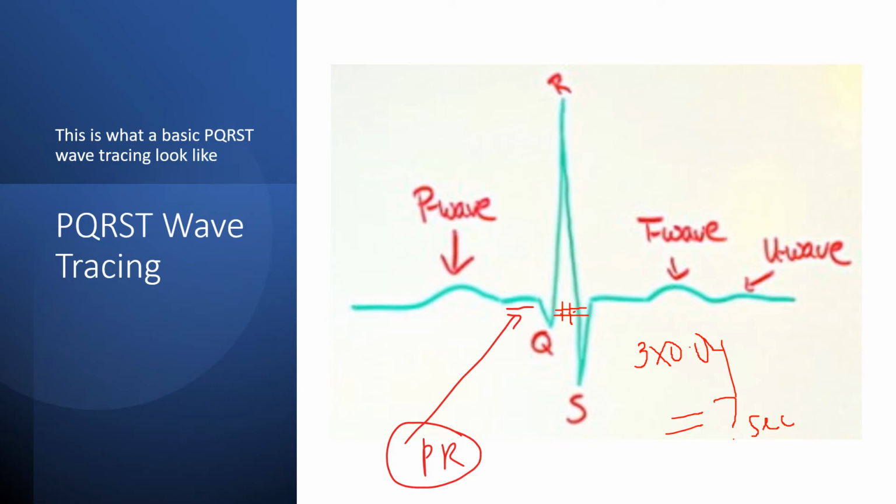What is that lasting for? Is that prolonged? Is it narrow? Meaning, is it wide? Is this contracting too long? Or is it contracting quick, like in your tachycardias? What does this number represent? What does it mean? Okay, we're going to look at that now.